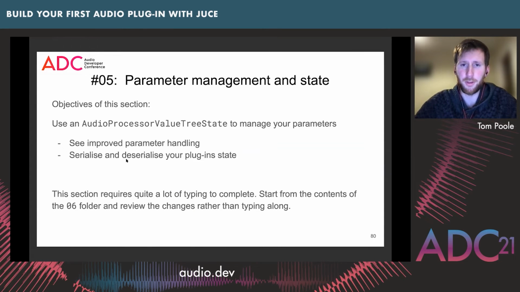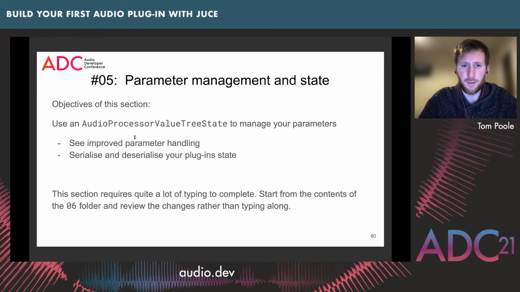So the final bit of this section is how we can tidy things up a bit. We've already touched on the fact that the parameter management leaves a bit to be desired, and we can tidy that up and also touch on serializing and deserializing your plugin state by using this object that is the audio processor value tree state.